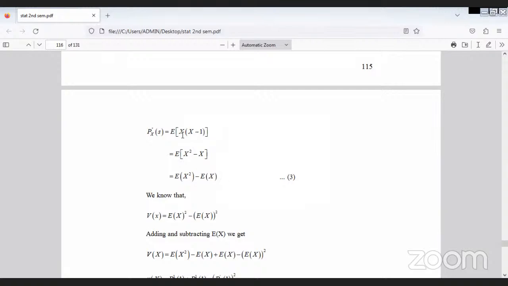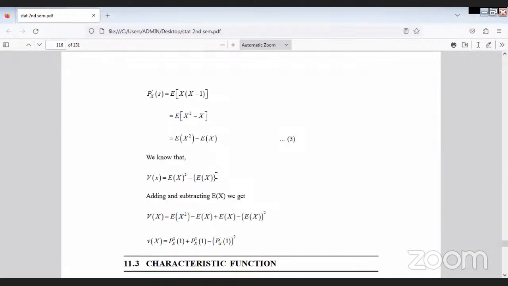This is multiplying E into X squared minus X. So E(X^2 - X). You can write it or not? Yes, sir. E(X(X-1)) is equal to E(X^2) minus E(X).